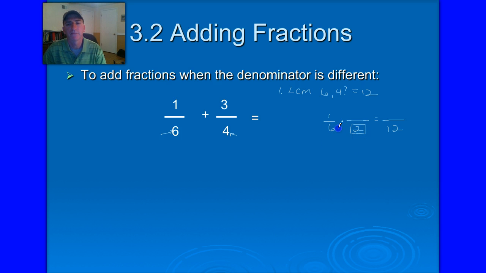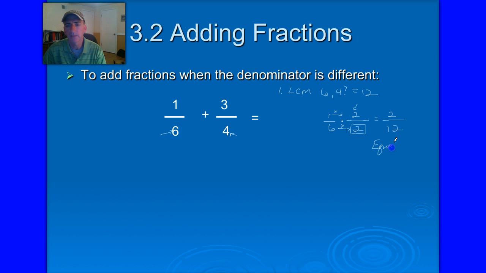Now, if I multiply this times 2, then you have to do the same thing to the top. 1 times 2 is 2. Therefore, what you've just created is an equal or equivalent fraction.